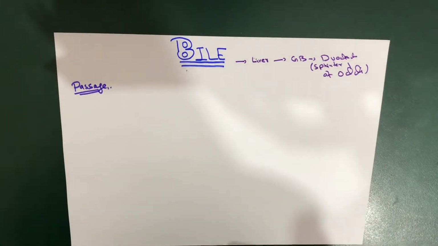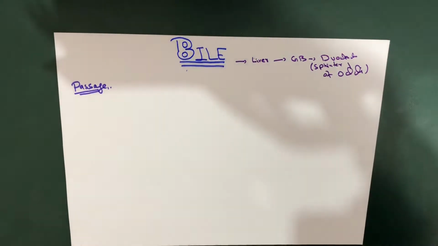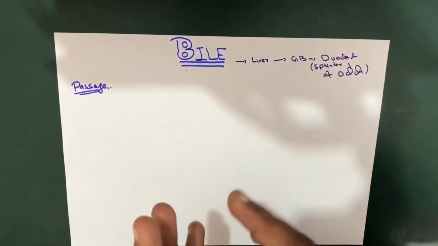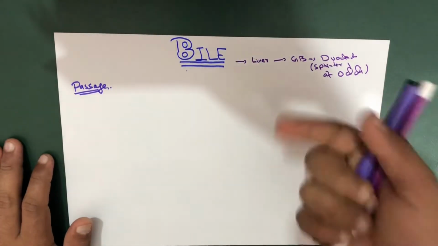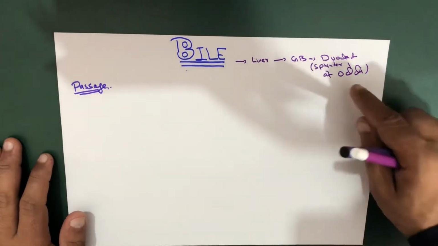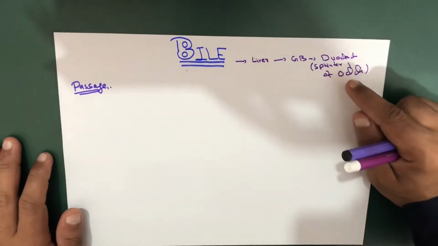The sphincter of Oddi prevents the bile from entering except during the digestive period. It must enter at that time, not before, and that is regulated by this sphincter of Oddi.